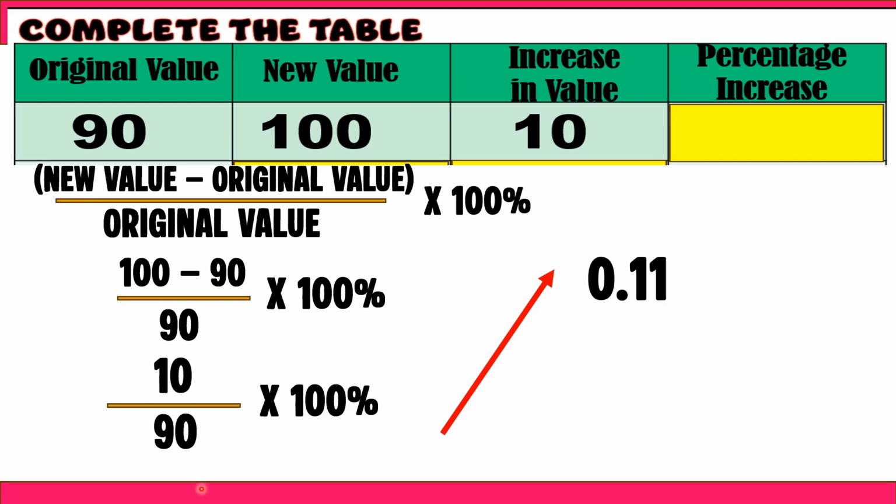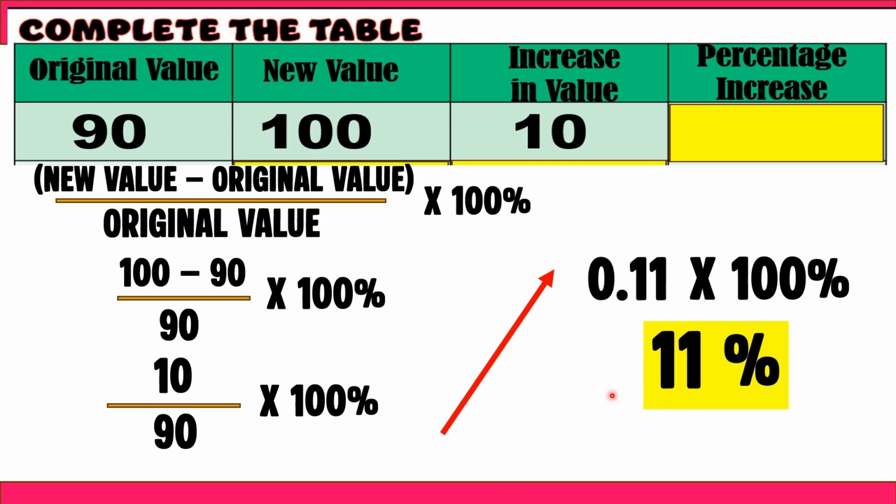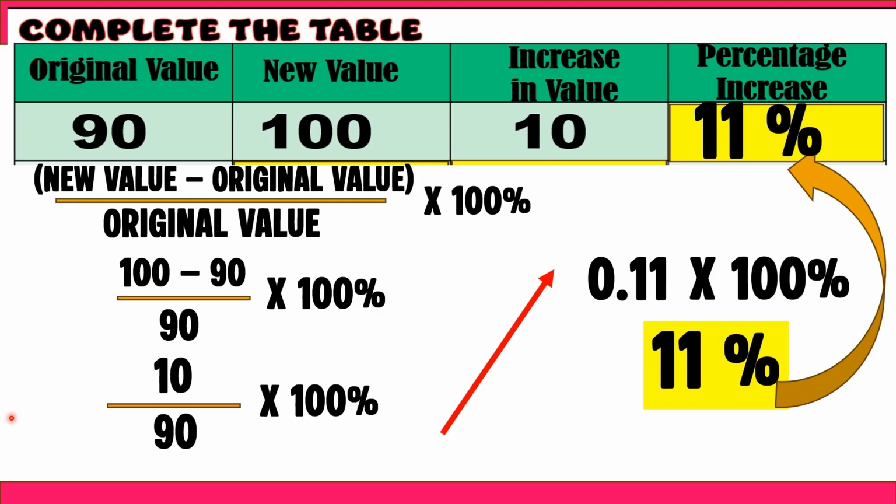To get the percentage increase, we multiply it by 100%. So 0.11 times 100% is 11%. And that is the percentage increase. Again, we have the original value 90, new value 100, increase in value 10, percentage increase is 11%.